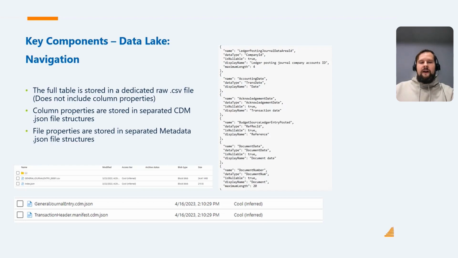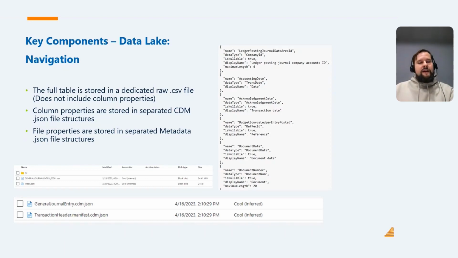So each file generated during the data lake export will have these columns: document number, document date, counting date, and so on. The properties are also stored within these JSON files. For example, for the document number, we have a maximum length, which is 20. That is your string size, and that prevents you from having records longer than 20.